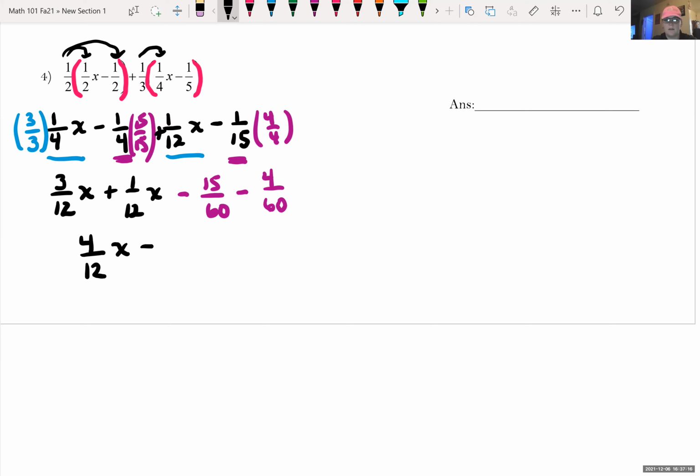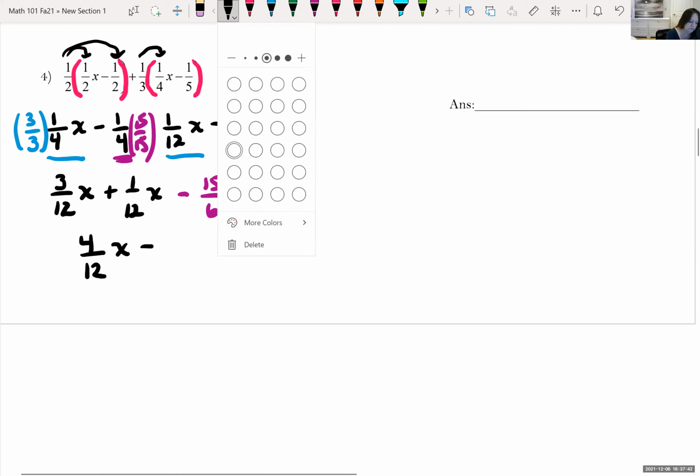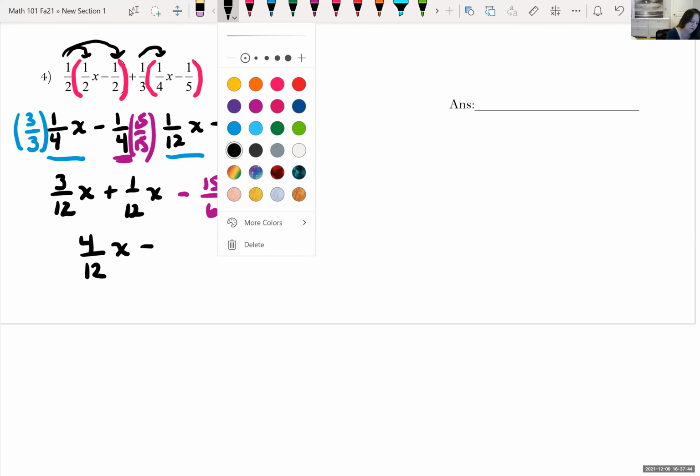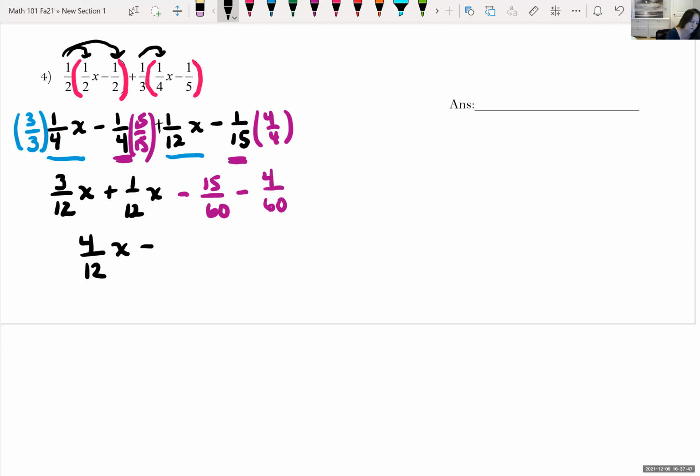Minus, and then on the negative 15/60, aren't we supposed to keep the x there? There was no x when we, oh wait, let's see. I think that's a plus sign. Yeah, that's just a plus right there. I just kind of squeezed it in here. It was a plus. So there was no x on that one.